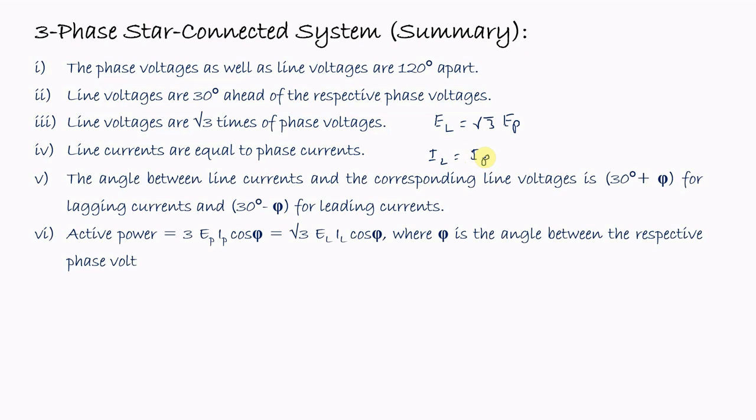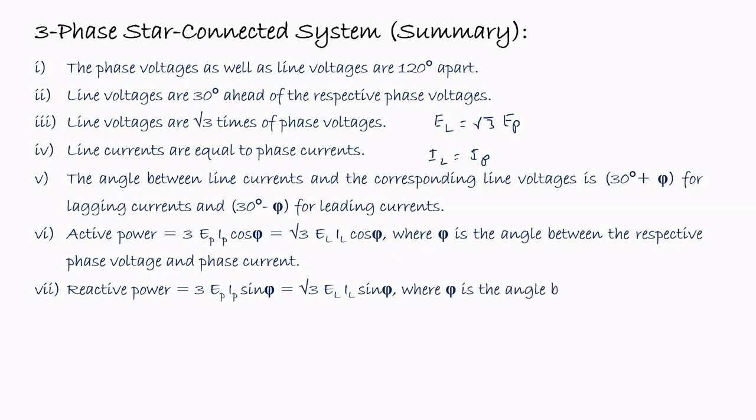The active power of a star connected system is represented by 3 E phase I phase cos phi or root 3 EL IL cos phi, where phi is the angle between the respective phase voltage and phase current. Similarly, the reactive power is 3 E phase I phase sin phi or root 3 EL IL sin phi.